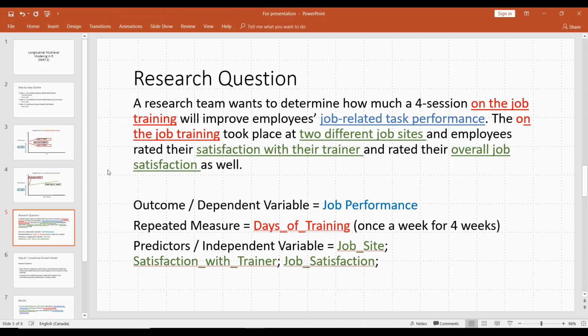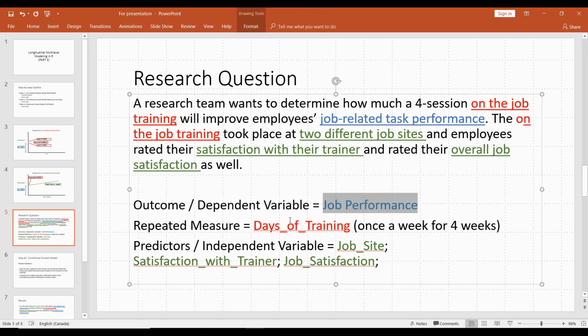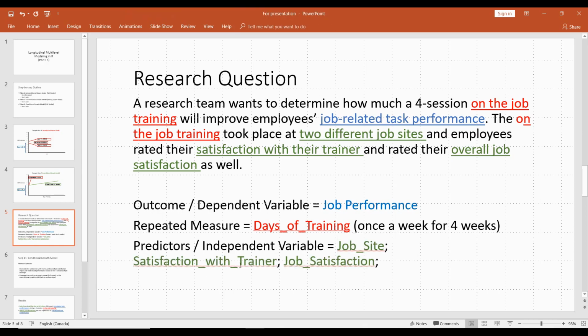In video 1, we only looked at the dependent variable, which was job performance. In video 2, we established repeated measures to compare job performance. And now in video 3, we're going to include these 3 predictors: job site, satisfaction with trainer, and overall job satisfaction, to see whether these would have any other role in predicting job performance as well.